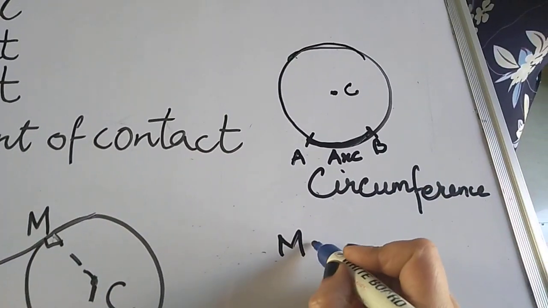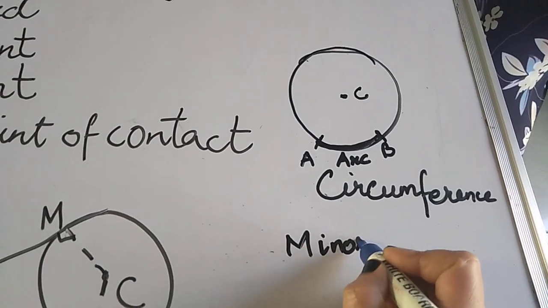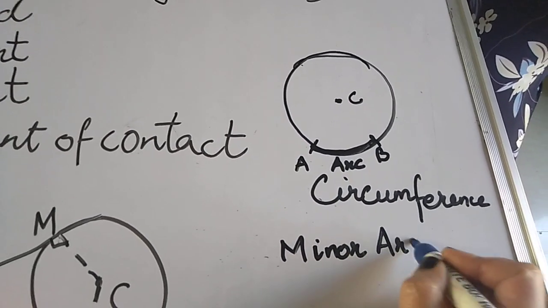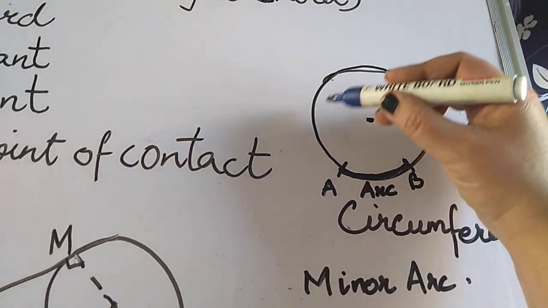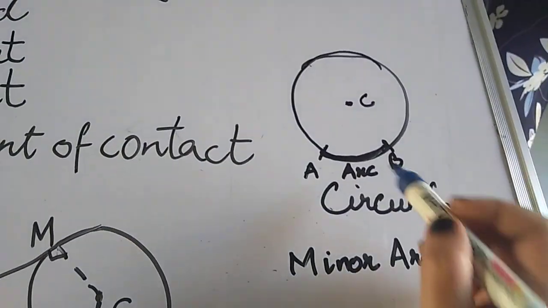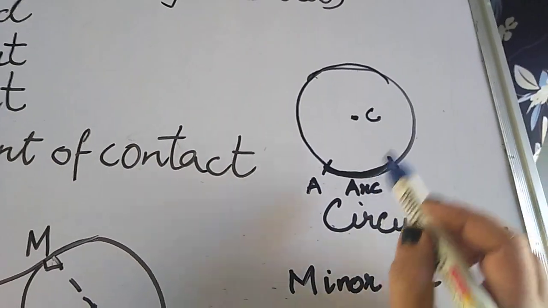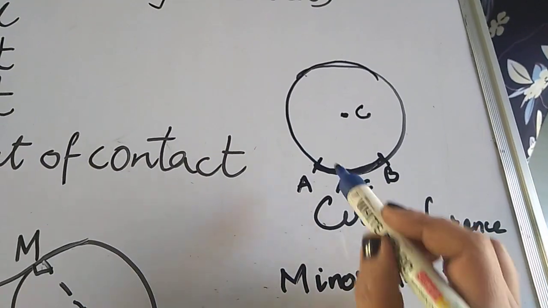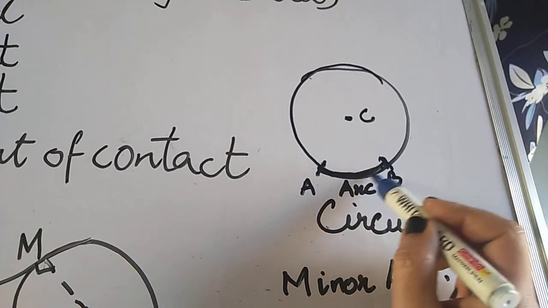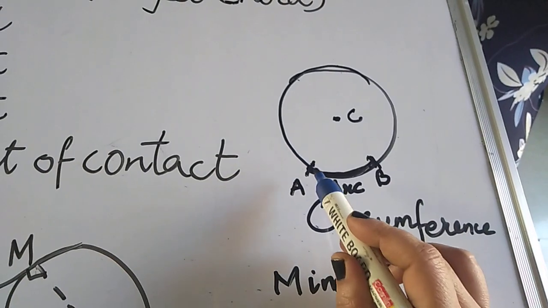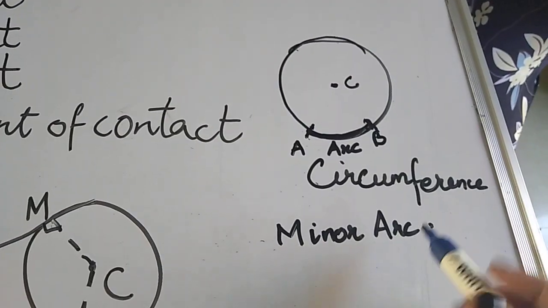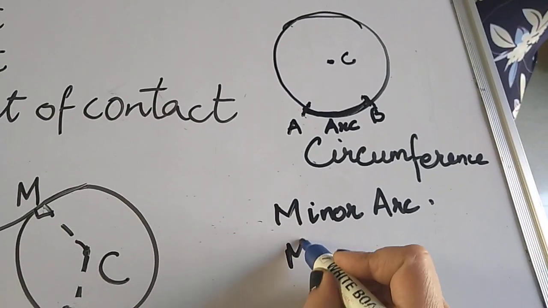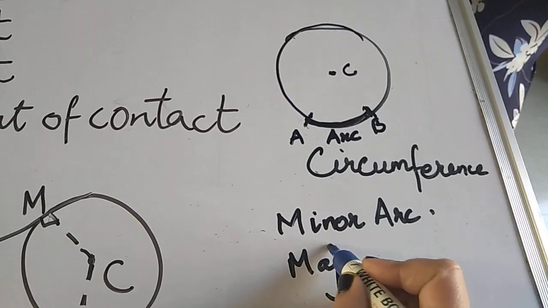So the smaller part is called the minor arc, whereas the bigger part is called the major arc, M-A-J-O-R.